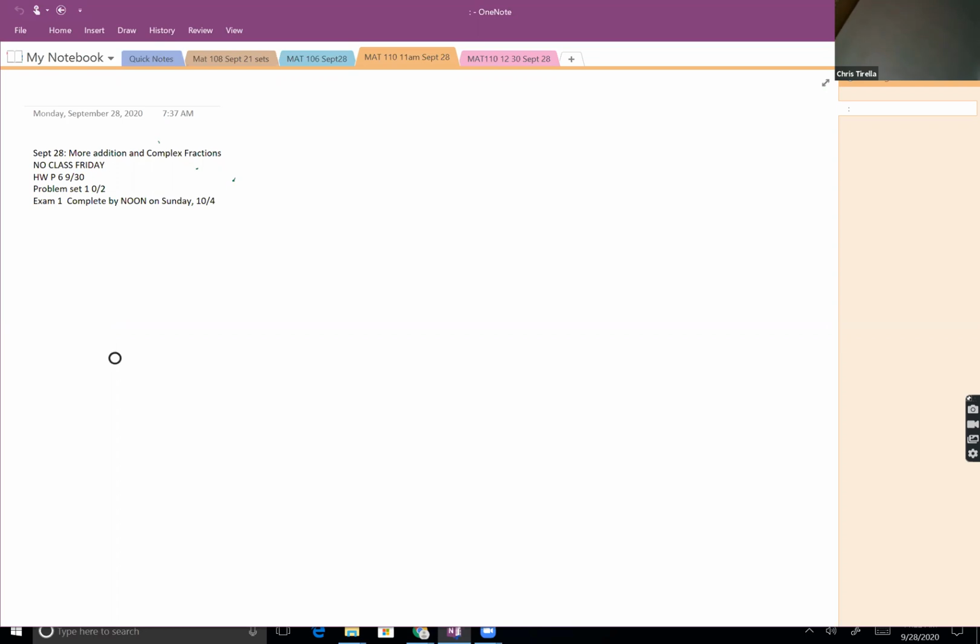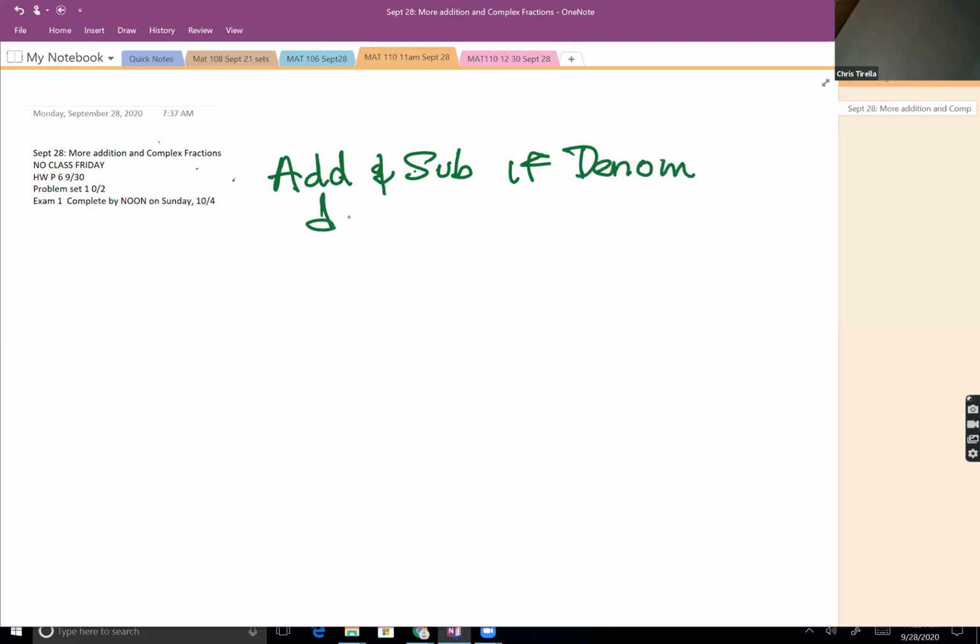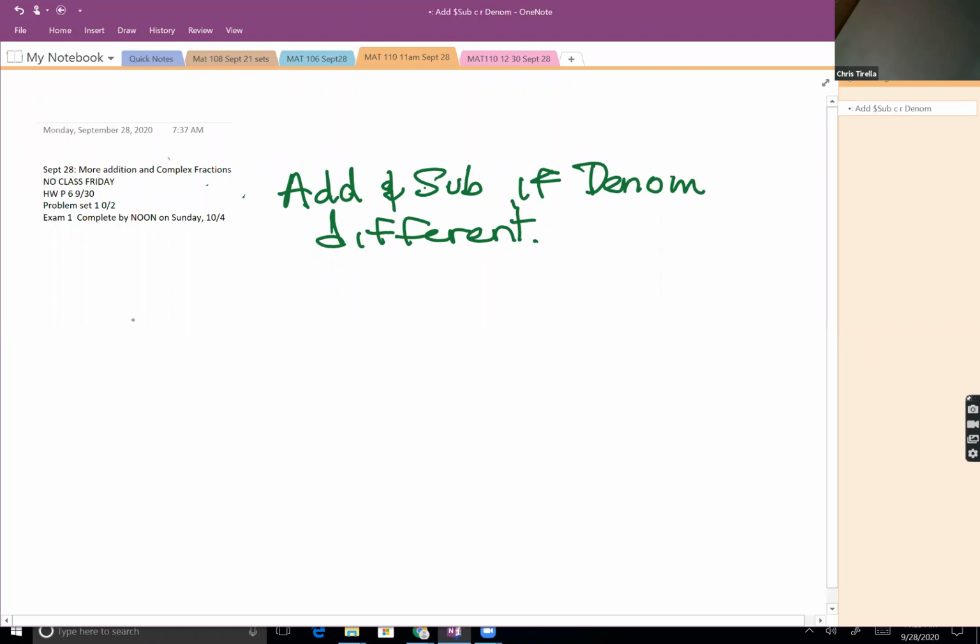So today we're going to start looking at addition and subtraction with uncommon denominators. So adding and subtracting if the denominators are different. And so the first thing that you have to do is find the least common denominator. In order to do that, you have to factor each denominator.